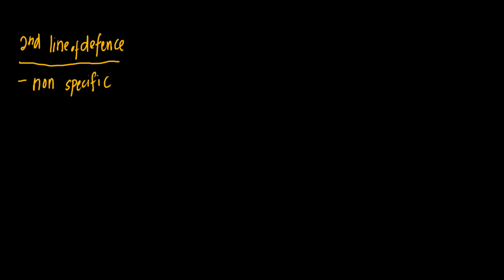So when we get infected or when we get sick, let's say we have this infected cell, it will release chemicals, and these chemicals will attract what we call phagocytes. So what are phagocytes?